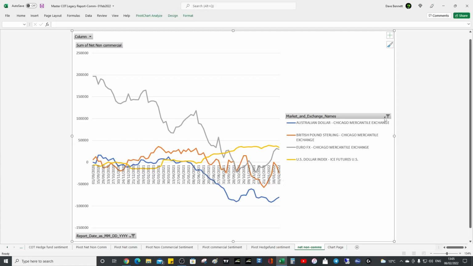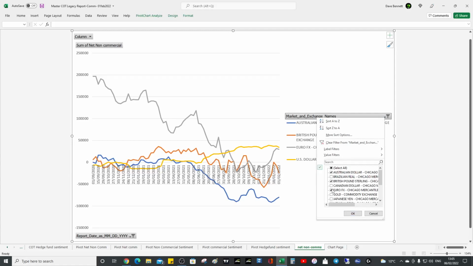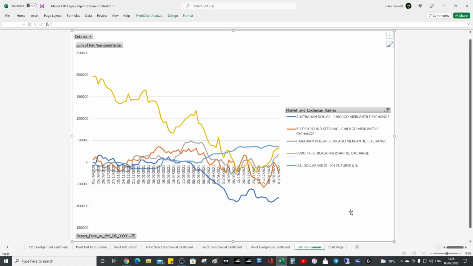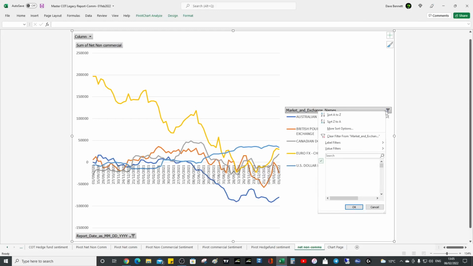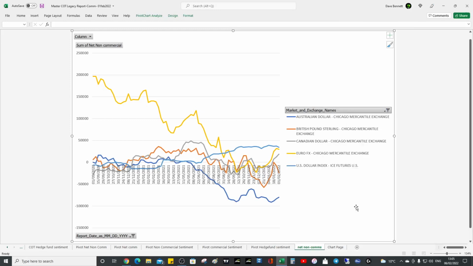And then we'll add CAD. There's going to be quite a lot. CAD, the grey one, so CAD's going up, so that's bullish. So only the Aussie and CAD are pointing up, so far. And maybe we'll look at yen. I know this is going to be quite negative.